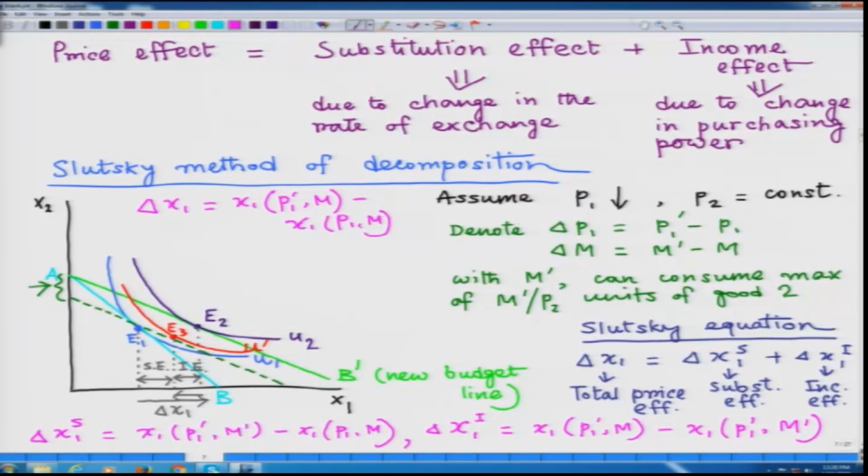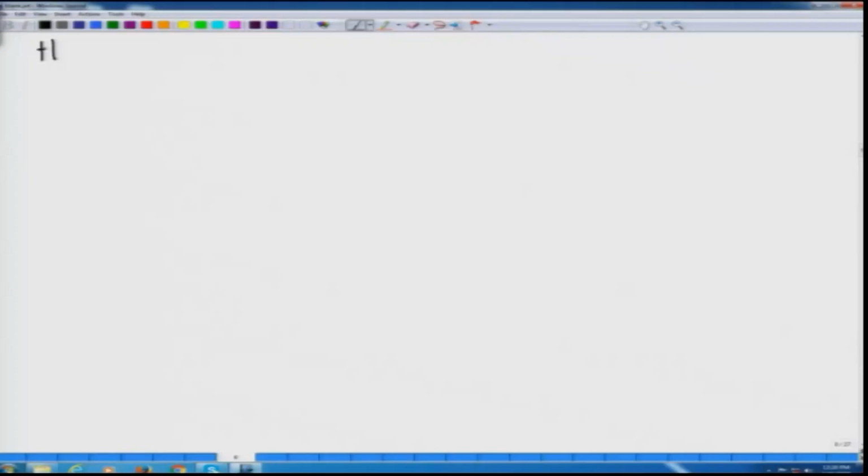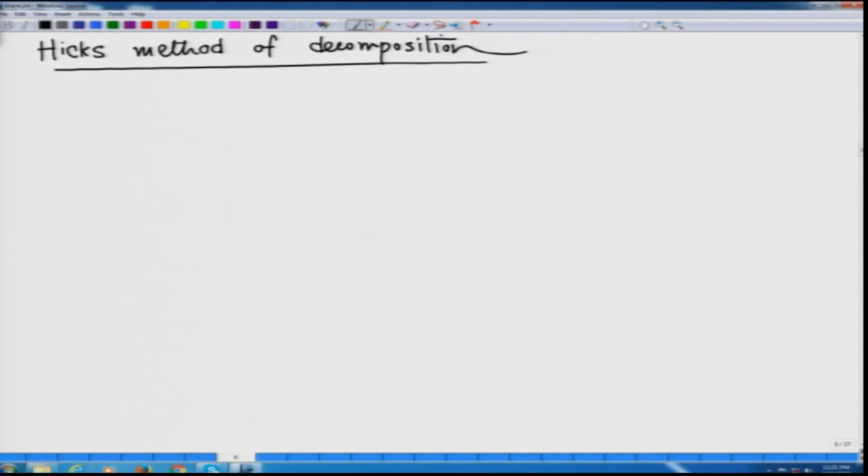Now, we are going to study the other method proposed by Professor Hicks. The best way to study Hicks's method of decomposition would be through a diagram, but while drawing the diagram we can also talk about the philosophy behind Hicks's approach, why Hicks offered a different mechanism for money income adjustment.